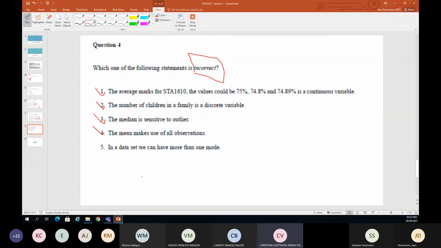And in a data set, we can have more than one mode because that's the number that repeats most often. But I think 3 is wrong. Median should not be sensitive to an outlier. I might be wrong, but that's what I would say. 3 is incorrect. Okay, you are correct. That is the incorrect one.